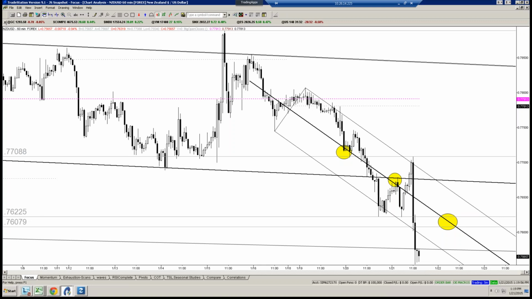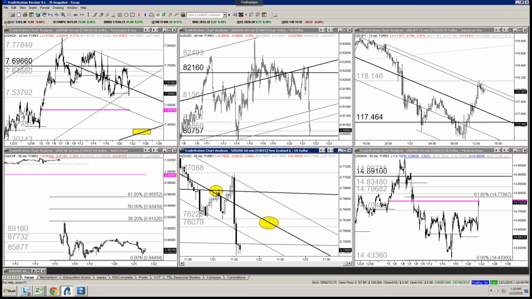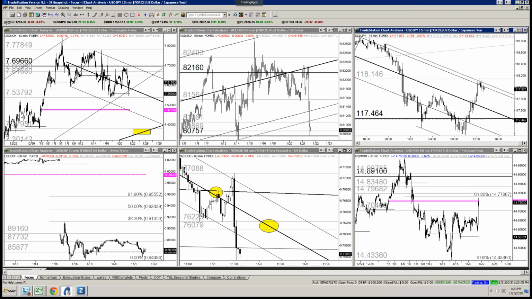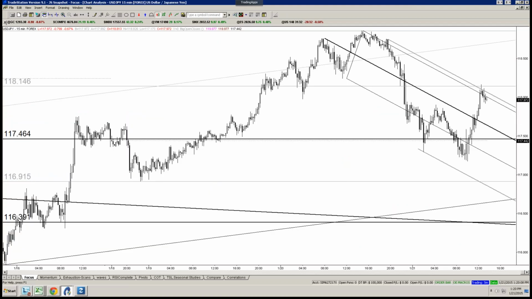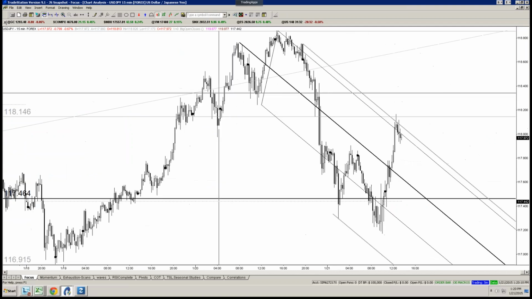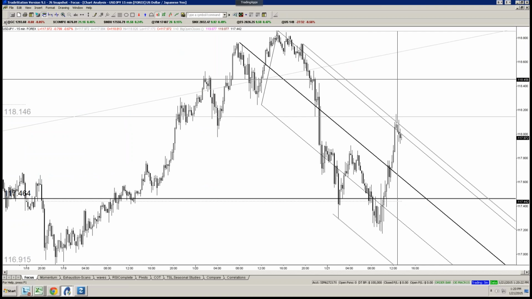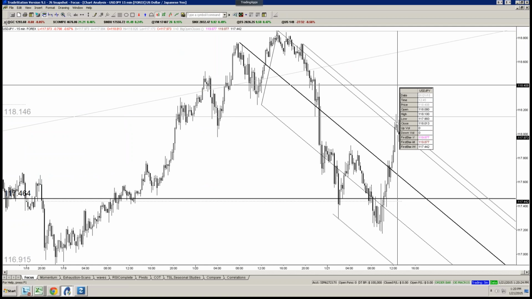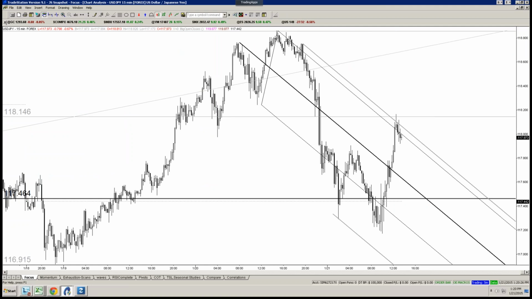Now let's move on to take a peek at dollar yen here. So here's dollar yen. This is the chart I just put up on the SB Squawk Twitter stream, and we kind of said this was an area to look for a top, or, if we're going to roll over, we might do it here.